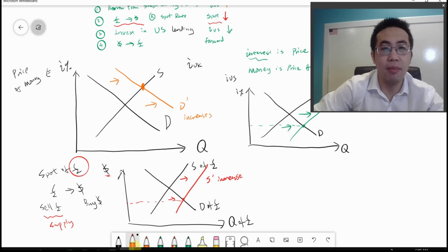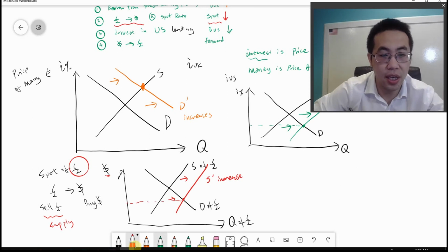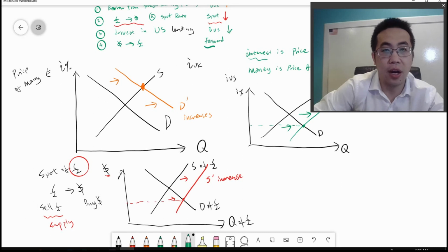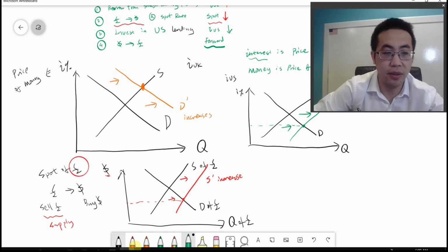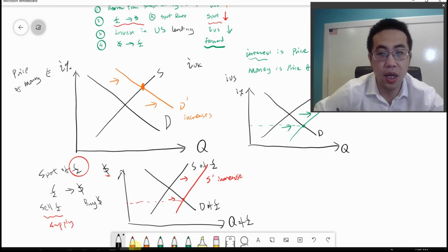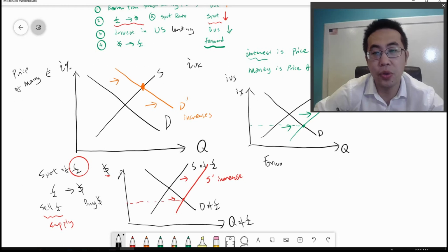All right, and another market here we're analyzing is the forward market. And what we will see is that people are converting the dollar to pound in the forward market. And then what would happen to the forward rate of a British pound?